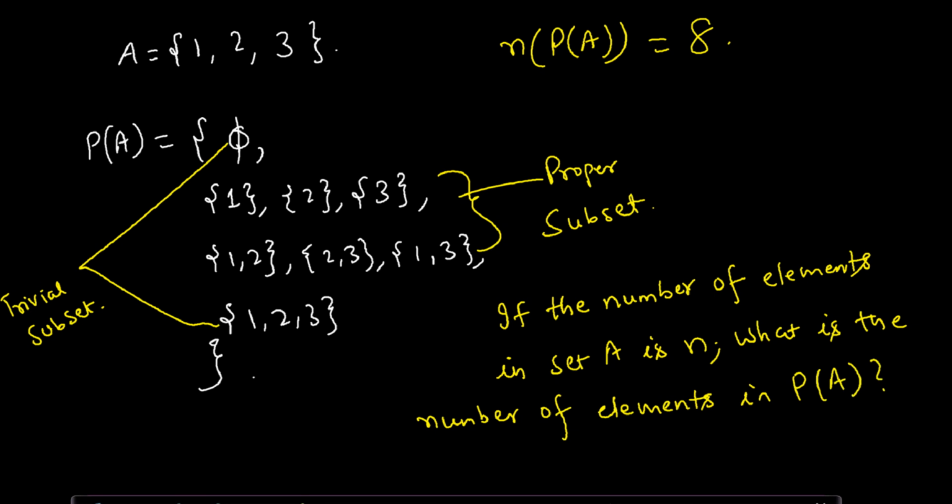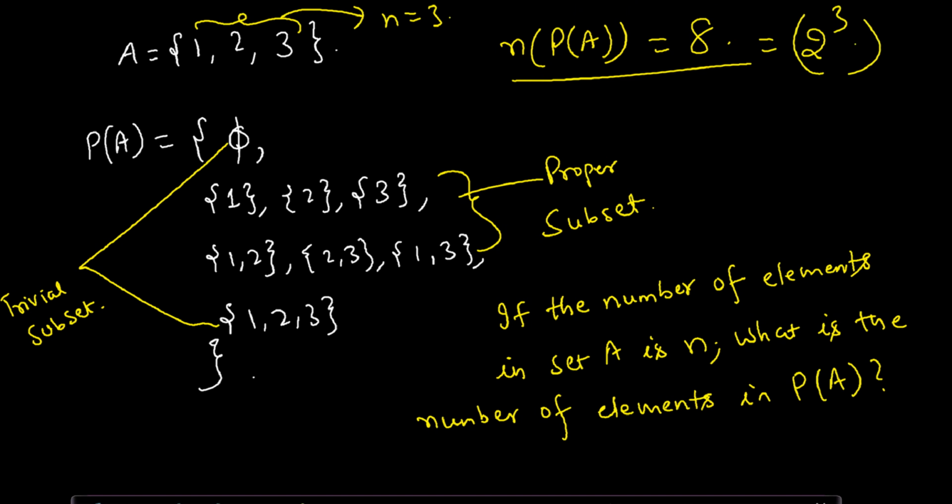Like for example, here n is equal to 3. The number of elements in the power set of A is equal to 8, which you can write as 2 to the power 3. Why am I saying it is 2 to the power 3? It's because the answer to this is 2 to the power n. And how it is the case, I am going to show you.